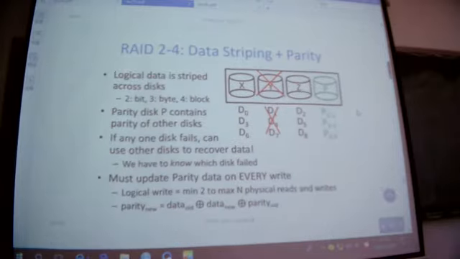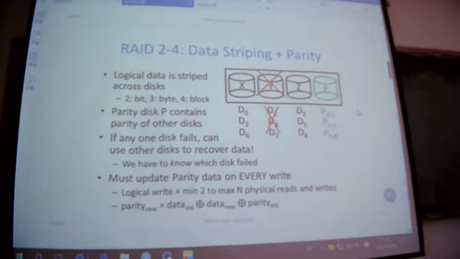Okay, RAID 2, RAID 3 and RAID 4 are data striping and parity. So when we can't use the RAID 1 mirror, we use RAID 2, RAID 3, RAID 4. Logical data is striped across disks. 2 is bit, 3 is byte, 4 is block.